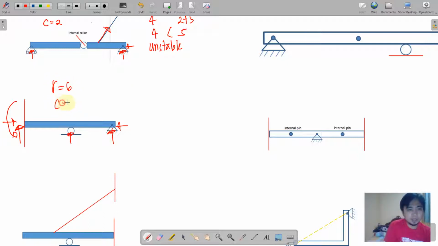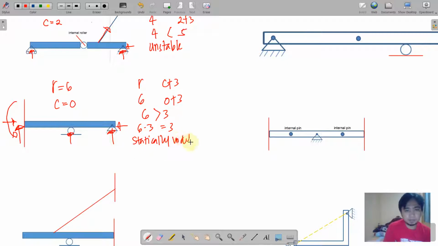We do not have any internal reaction coefficient. So R is compared to C plus 3, so this is 6, 0 plus 3. Therefore, 6 is greater than 3, and the excess is 3, or 6 minus 3. Therefore, this is statically indeterminate to the 3rd degree.